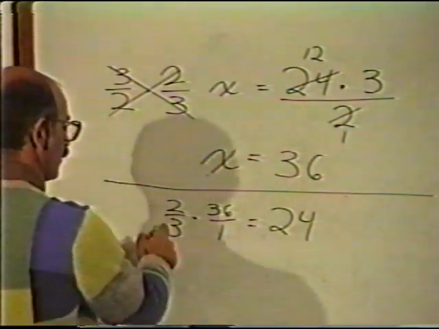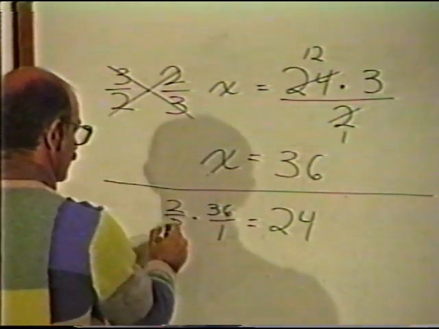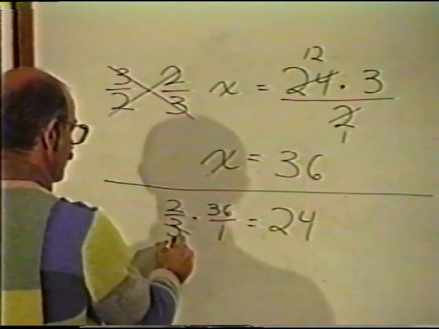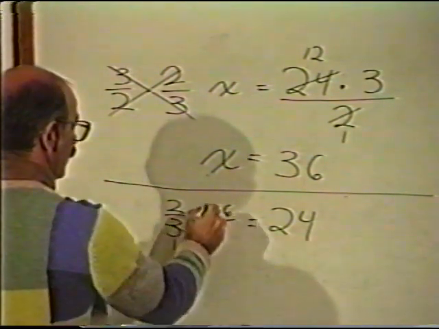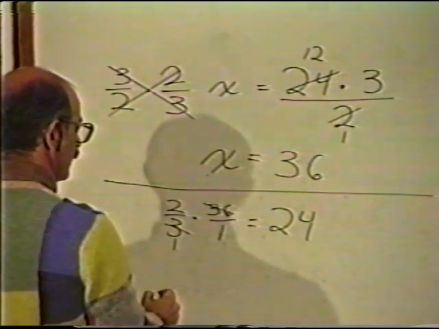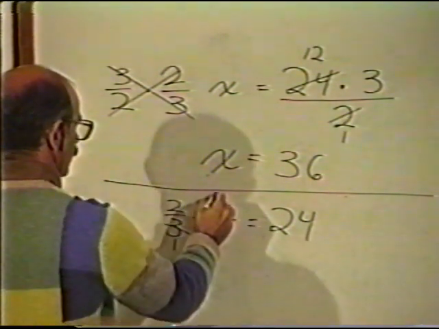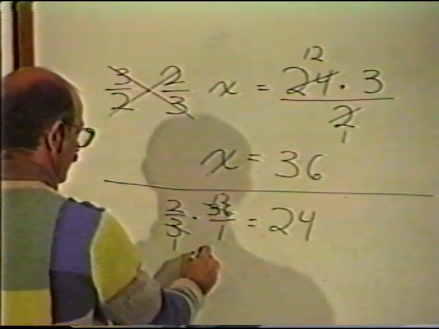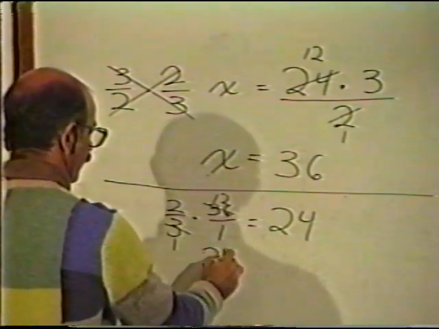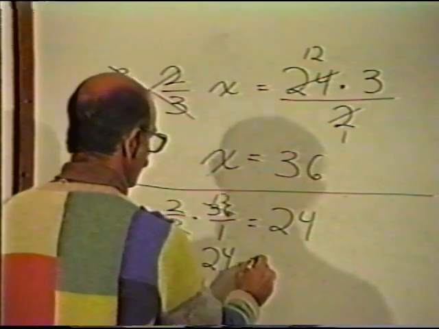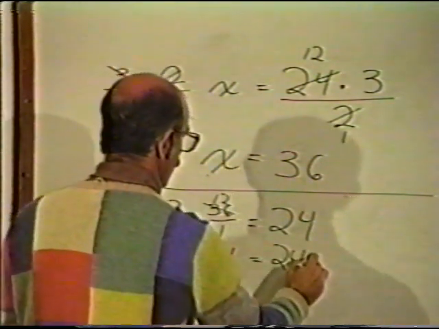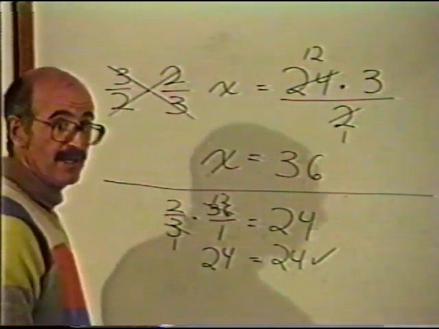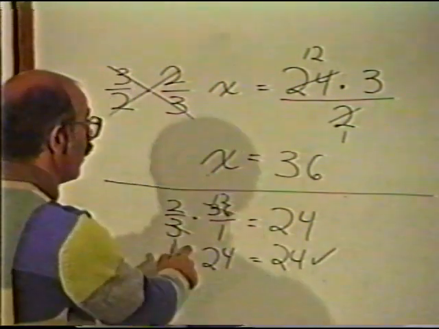We can cancel the 3 and the 36. 3 into 3 is? 1. And 3 into 36 is? 12. And 2 times 12 is? 24. 24 equals 24. Yes, we got it right, and we had to do quite a bit of work to find out.